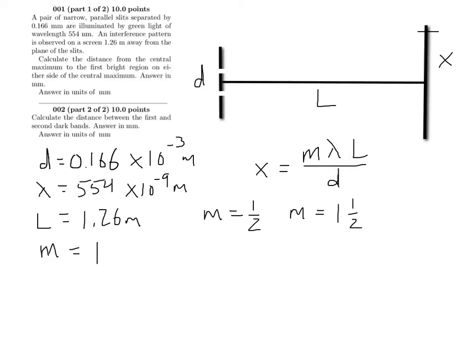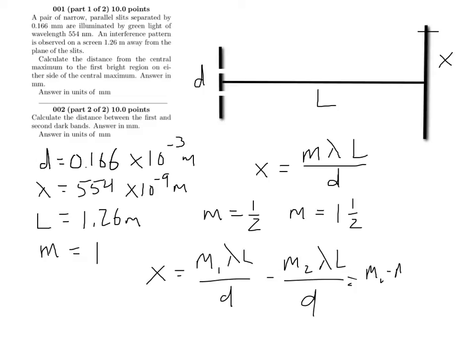And what I'm going to find out is that the distance I'm really looking for is going to be M1 lambda L over D minus M2 lambda L over D. But you'll see that all of that collapses to M1 minus M2 times lambda L over D. Well, M1 minus M2, 1/2 minus 1.5, is going to give me a difference of 1, and that's going to happen to be the same as this.